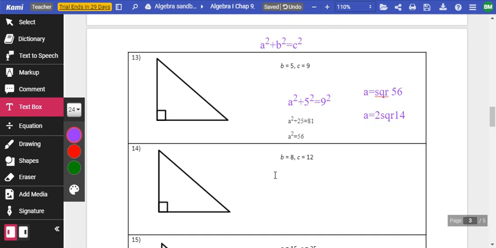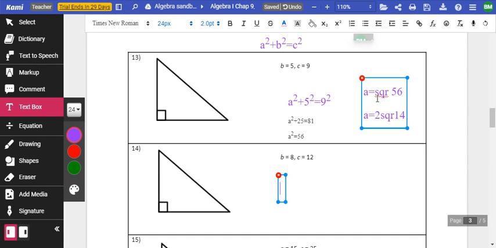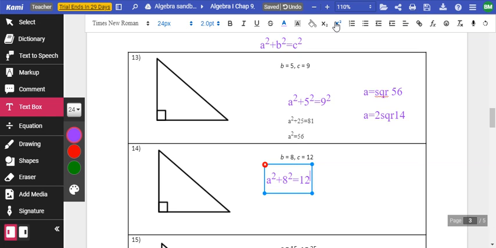Let's try another one. We're going to have A squared plus 8 squared equals 12 squared. So that ends up giving us A squared plus 64 equals 144.